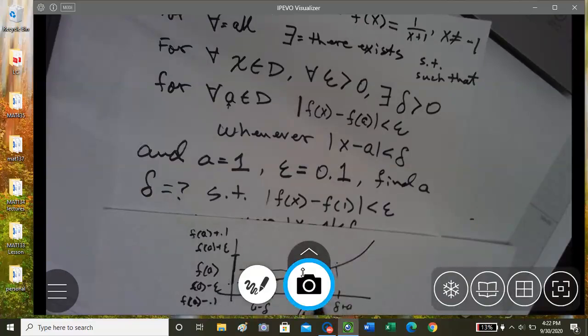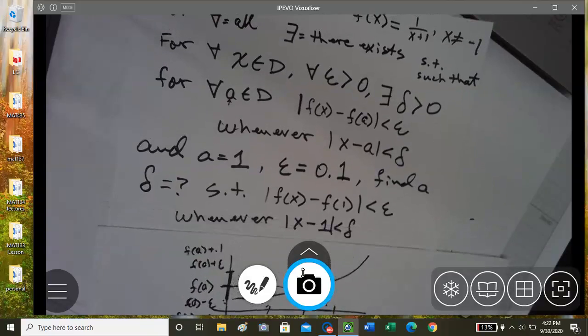So we've got to find what this delta is. We're saying, okay, we want to find within 0.1 from our limit, from f of a. So we're trying to find what that delta is.